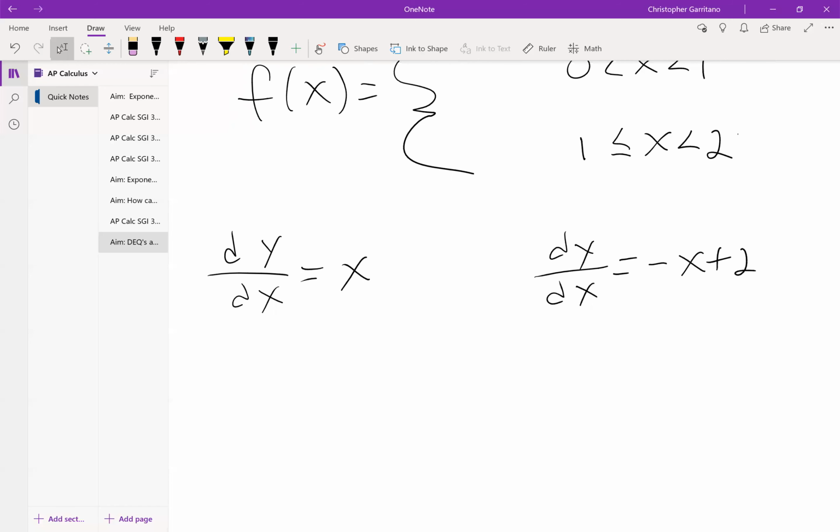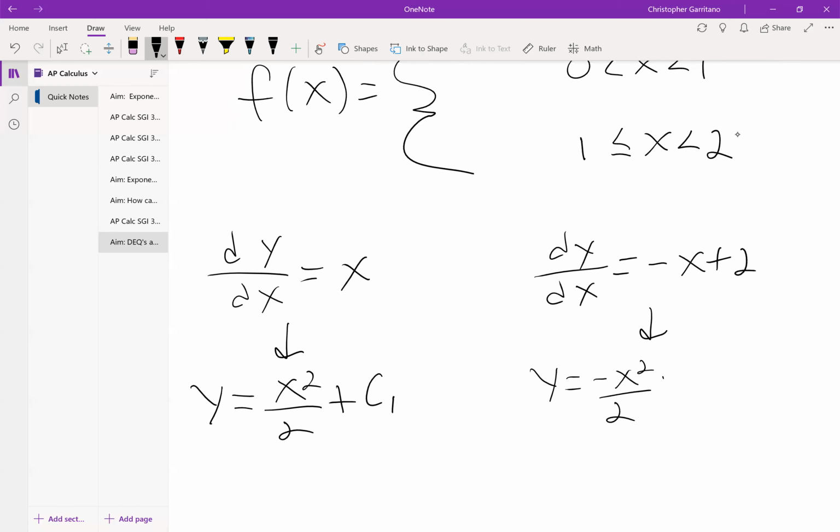I'm going to skip the steps. This ends up giving you y equal to x squared over 2 plus c1, and y equal to negative x squared over 2 plus 2x plus c2.